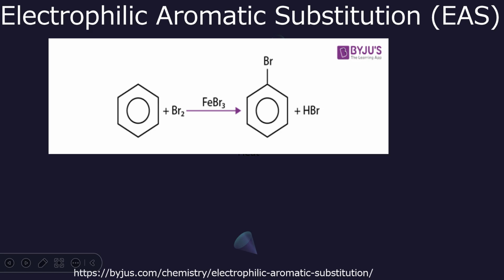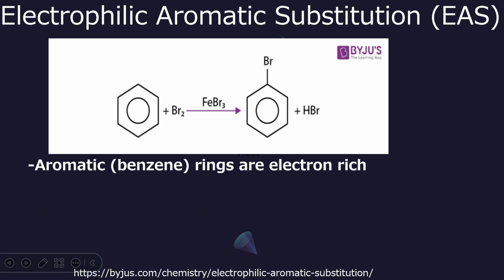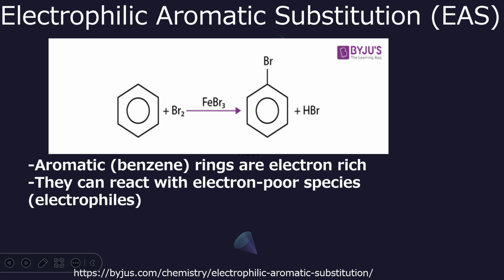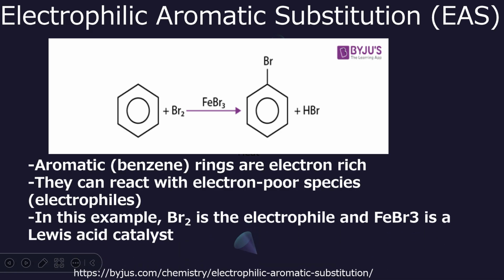And you can do maybe a lot more with brominated benzene rings, further reactions, but we're not going to go into that. But aromatic benzene rings are electron rich. They can react with electron poor species, electrophiles. In this example, Br2 is the electrophile, especially when one of those bromines becomes positively polarized.